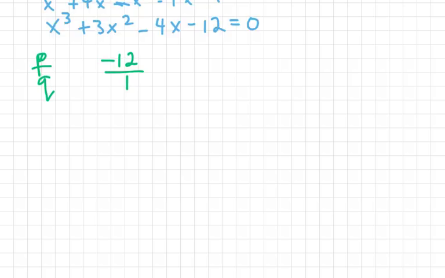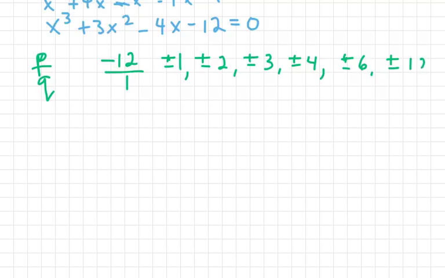Factors of 12 are 1 and negative 1, so we'll write that as plus or minus 1. 2 is a factor of 12, so we have plus or minus 2. 3, plus or minus 3. We have plus or minus 4. And we have plus or minus 6 and plus or minus 12.